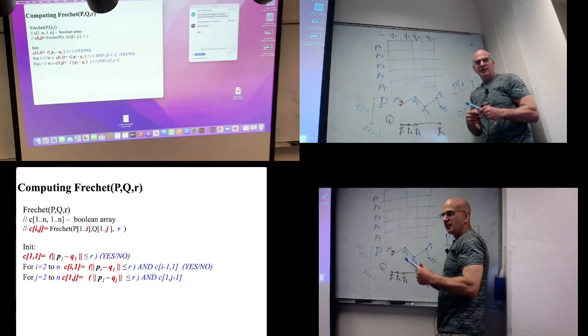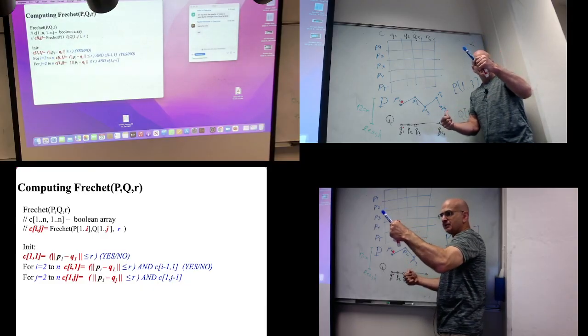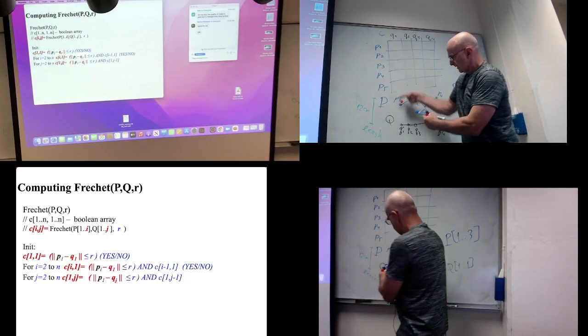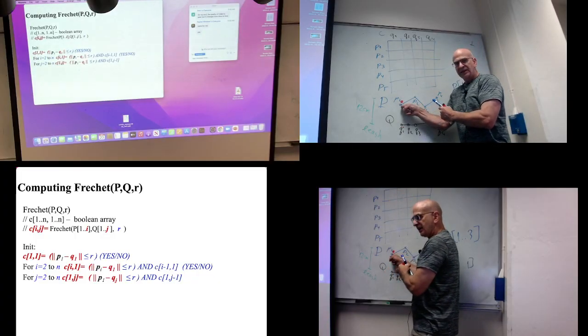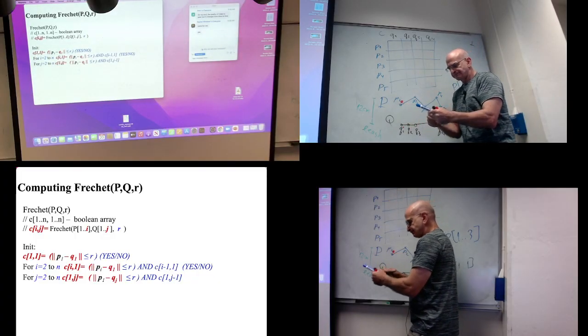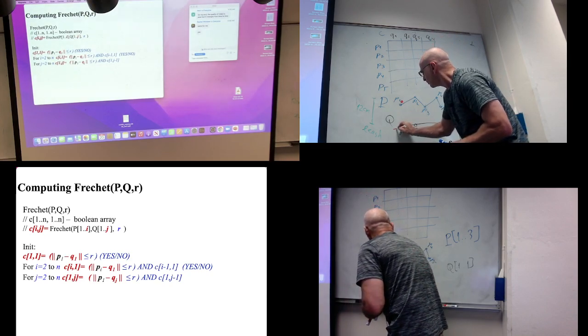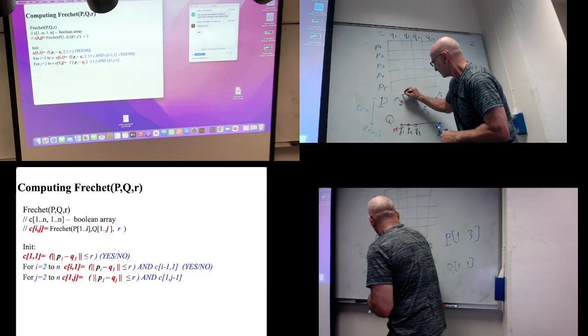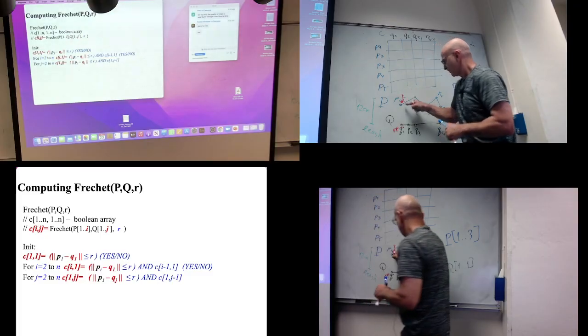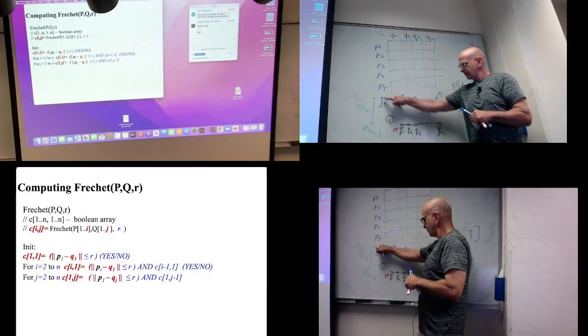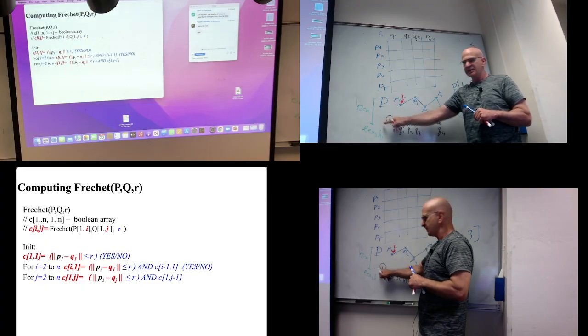Everybody agrees? They can stand over there, the person can stand here, the dog can be here, and the person will hold the dog with a leash of 12 centimeters.